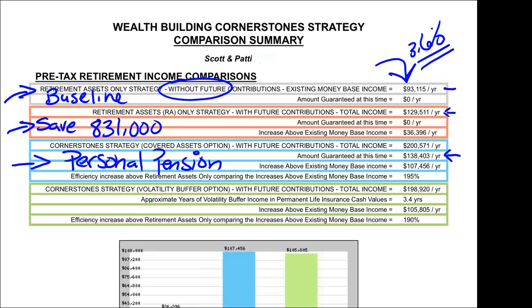So let's keep going. In the green section here, this is where you stay in the market, and we call this the buffer option, where we use the life insurance cash value as a buffer to take our income after down years in the market. If we do that, we're not guaranteeing our income, but we're giving ourselves much more security and still able to pull in nearly $200,000 a year consistently with just about 3.5 years of buffer.